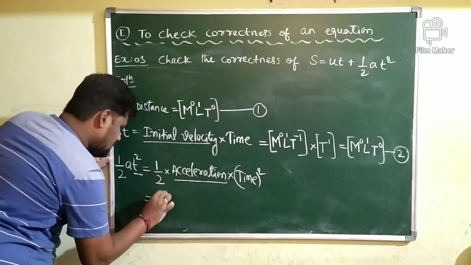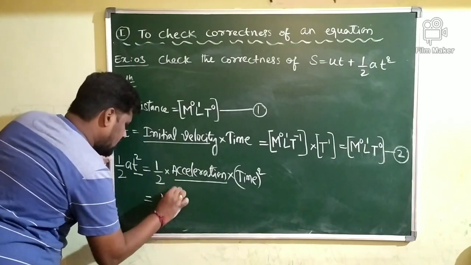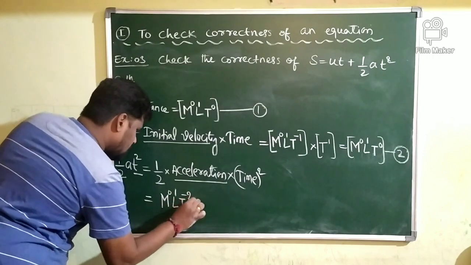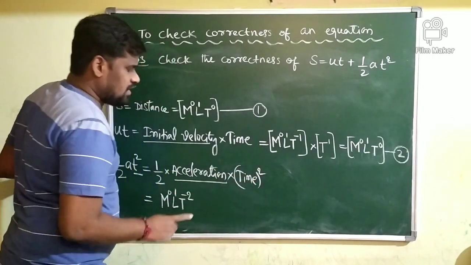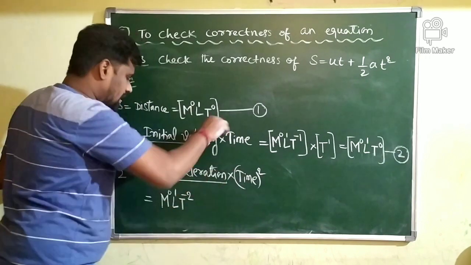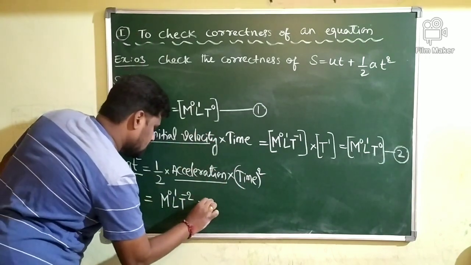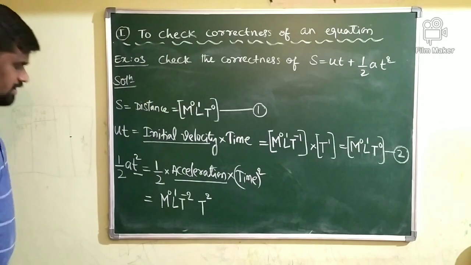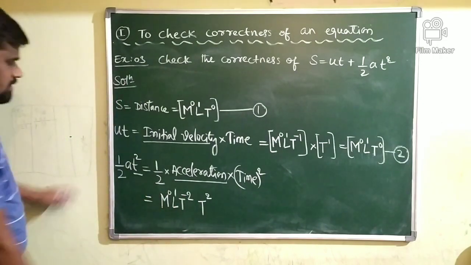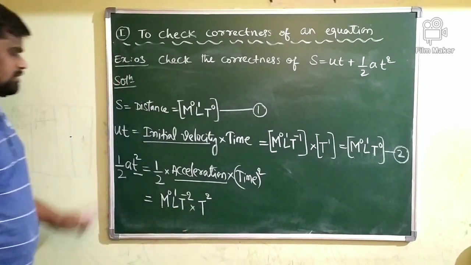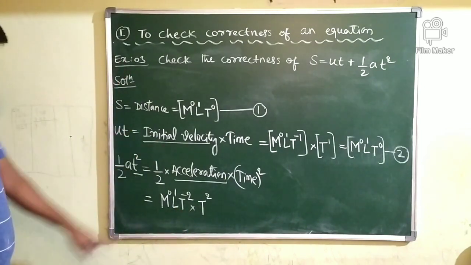Acceleration dimensional formula is M0 L1 T power minus 2. Time square: the time dimensional formula is T, and the square is T square. Next, here T power minus 2, here T power plus 2.